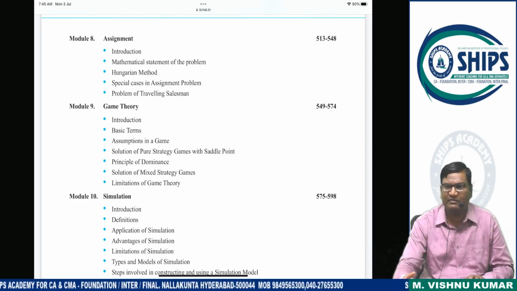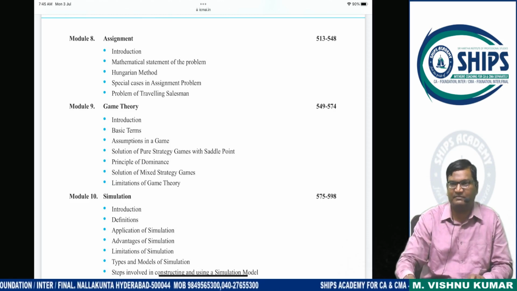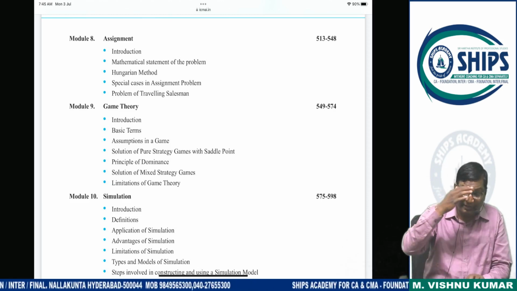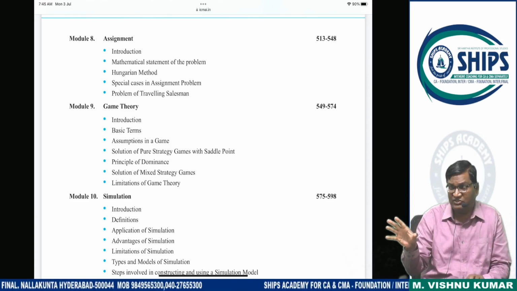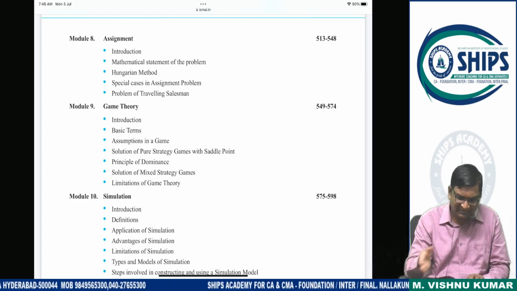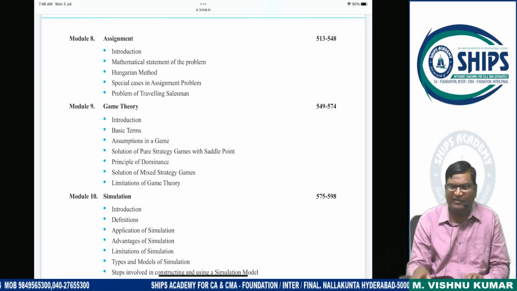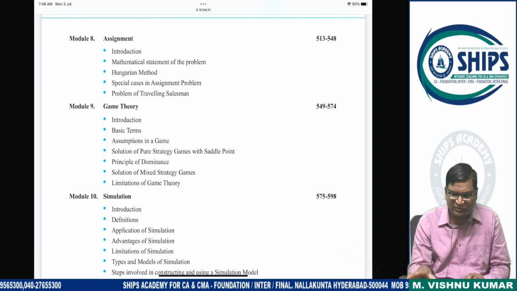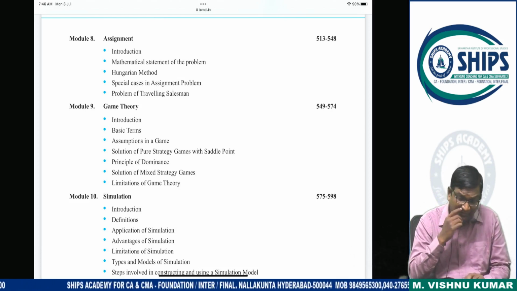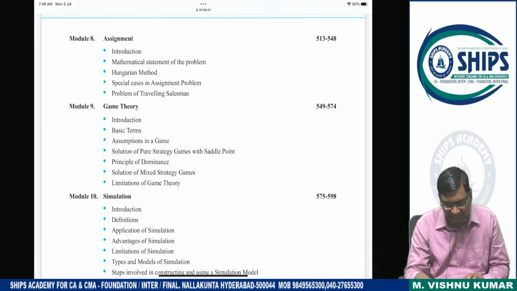Actually in final level, questions from assignment and transportation come very rarely. According to past trend, if you analyze the past 16 examination papers, transportation and assignment were tested only one or two times. So here also in assignment we have to learn the entire assignment procedure you studied at intermediate level, but the problems will be advanced level problems, not simple problems. Clear?